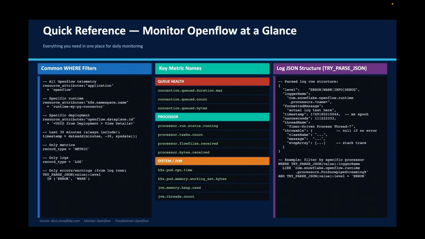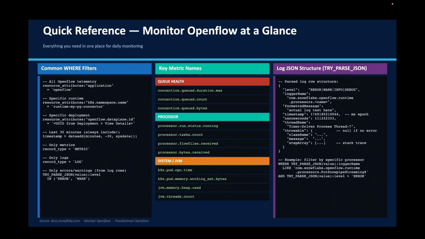And the log JSON structure, TRY_PARSE_JSON. That's a function that can be used to parse the log, and it will produce attributes like level, logger name, formatted message, timestamp, thread name, and throwable, like class name, message, and stack array.